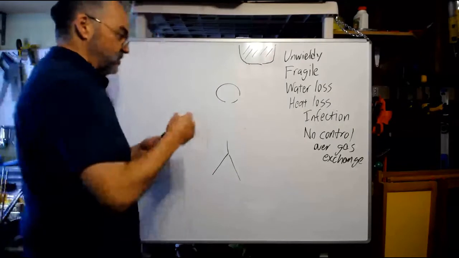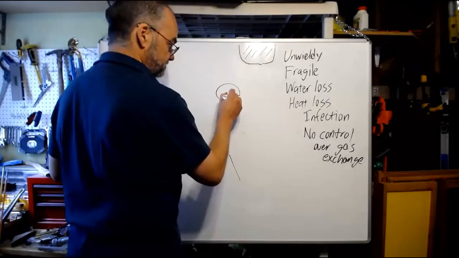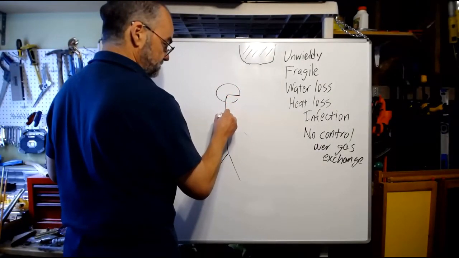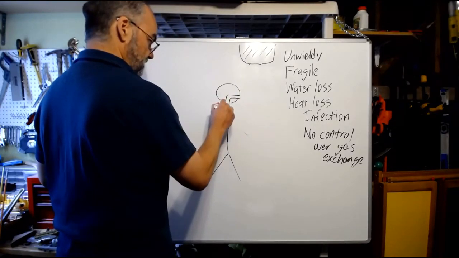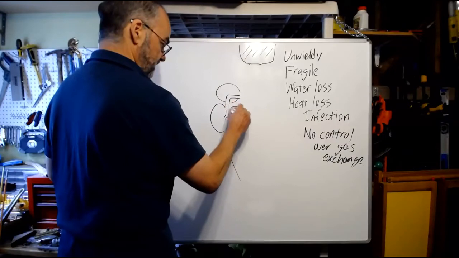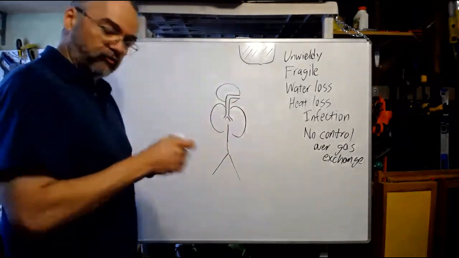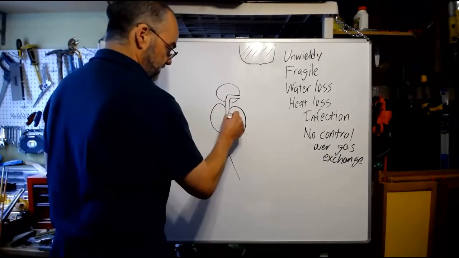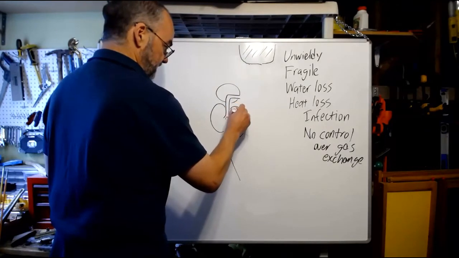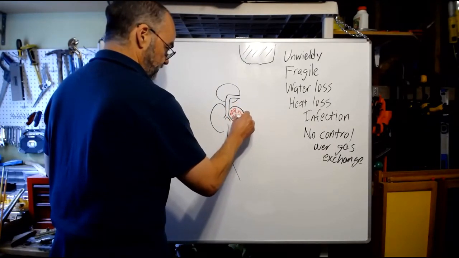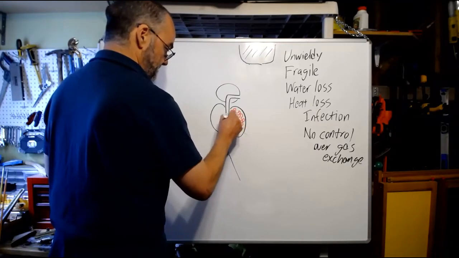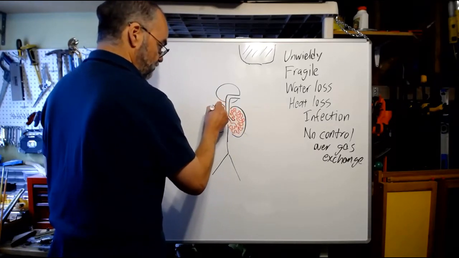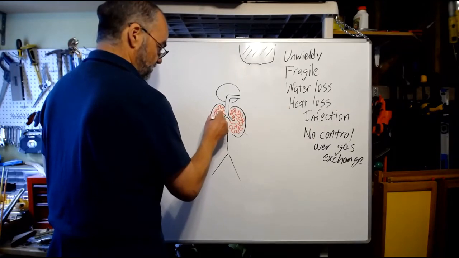Instead of doing it this way, humans take our exchange surface and crinkle it up in a really complicated folded up pattern here inside our chest in two big bags, which we call lungs.